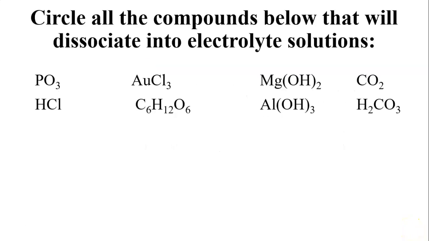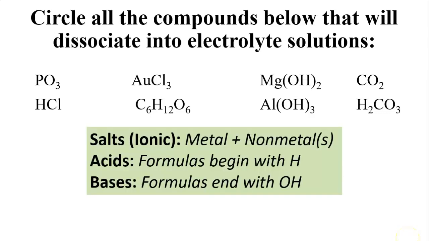So let's look at some examples. This one on your notes wants you to circle all the compounds that will dissociate into electrolyte solutions. So which of the following are electrolytes? Let's look at our conditions. We're going to circle as an electrolyte any salt, which means metal and nonmetal, any acid, which means a formula that begins with H, and any base, any formula that ends in OH.